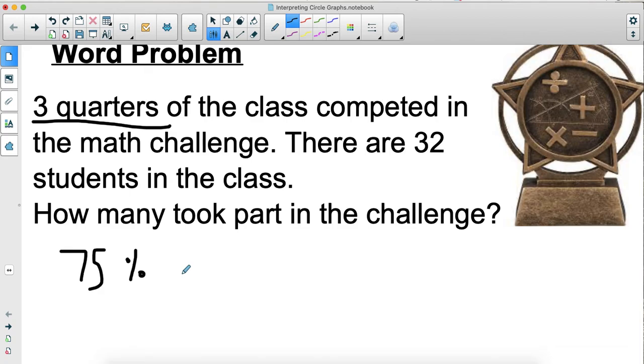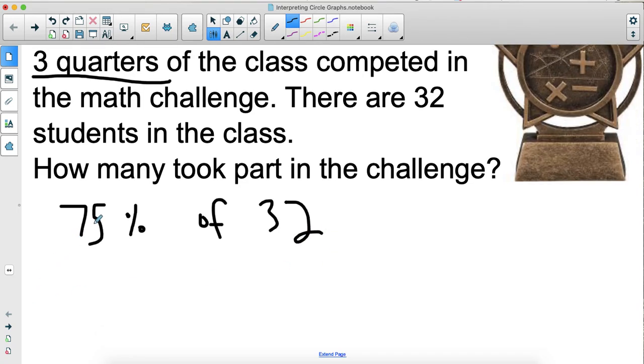So we have 75% of the class competed in the math challenge, and there's 32 students. So, like we just did before, let's find out what 75% of 32 is. So again, following those steps, turn your 75% into a decimal. Okay, so 75 hundredths, 0.75. And we're going to multiply that by the 32.